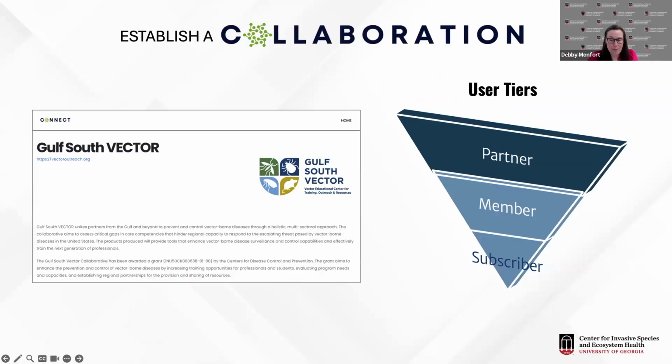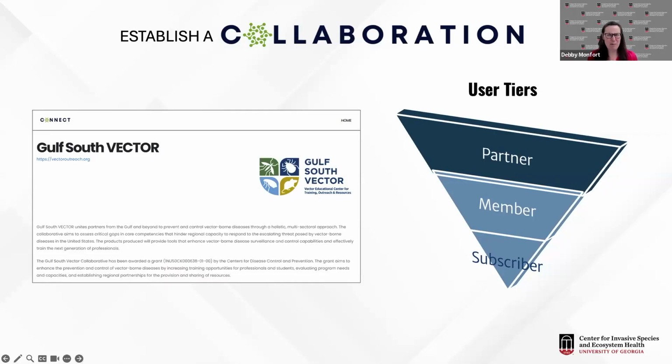So for Gulf South Vector, in the first stages of the project, we established a collaboration just to organize users at whatever level they might be, kind of identifying who our audience was, what direction we were going. Partners are the users who are managing the project. Members are the workers of the project.